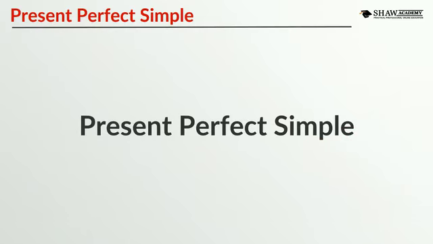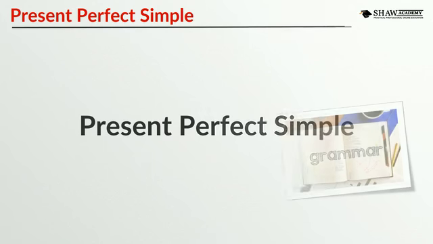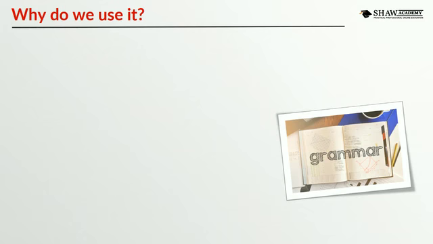Now, guys, you'll be happy to know this is the last section of tonight's webinar. And we are going to look at the present perfect, okay? A nice bit of grammar to finish off. So, why do we use it? This is a tense we use all of the time.